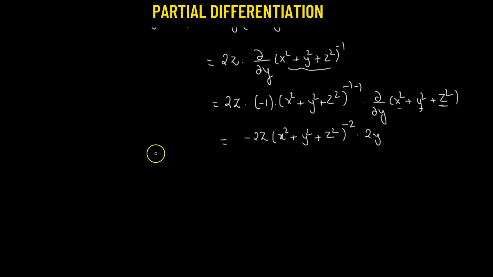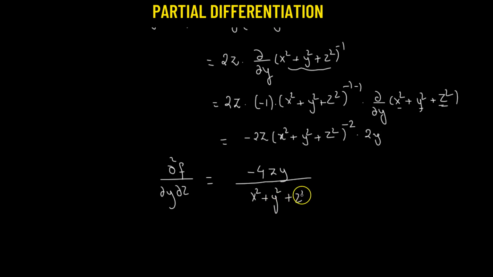Now that means we will finally get the second partial derivative of f with respect to z and y equal to, the -2z and positive 2y will give us -4zy, divided by x squared plus y squared plus z squared whole squared. Fine. So this is what we were asked to show. So this proves the first part.